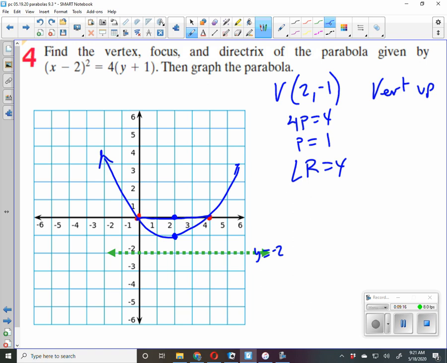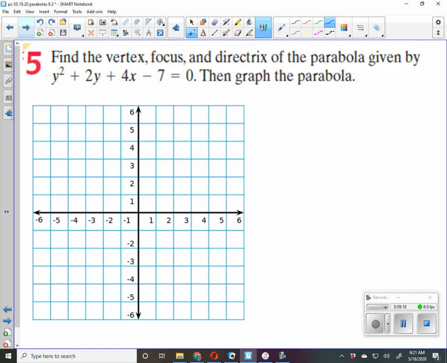All right, one more, I believe, and this is going to require some completing the square. I'm hoping maybe there's more than one. All right, because of the y squared, we know this is going to be a horizontal parabola already, so there's no mixing this up.